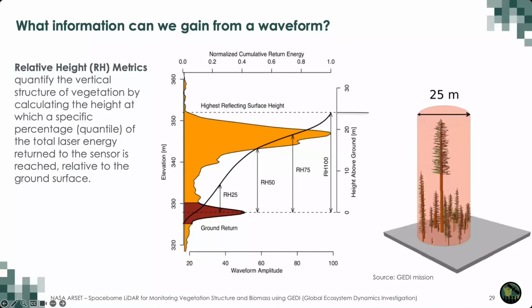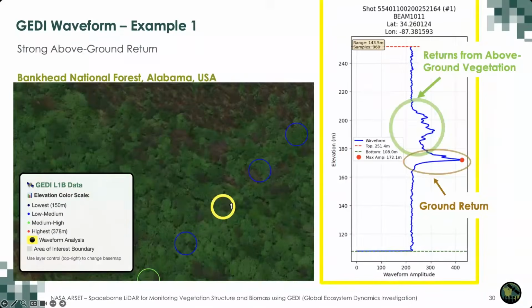So now let's take a tour of a real-world example, level 1B waveforms from GEDI that we will be looking at in more depth in the hands-on demo after this presentation. Here is an example of a waveform from GEDI's level 1B dataset plotted in Bankhead National Forest in Alabama.